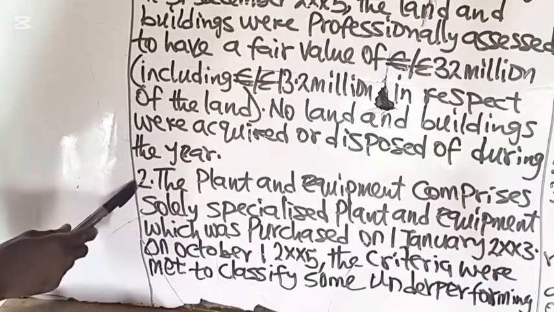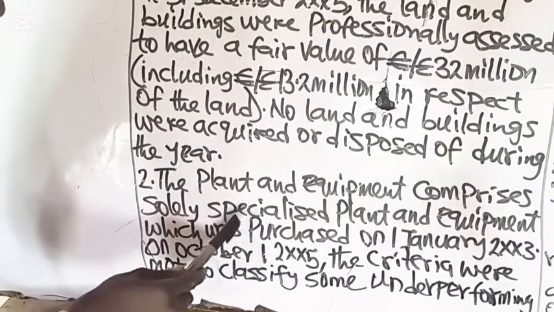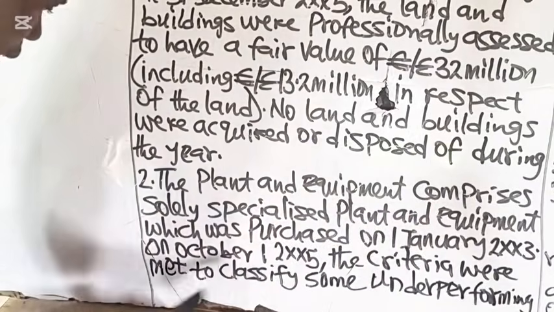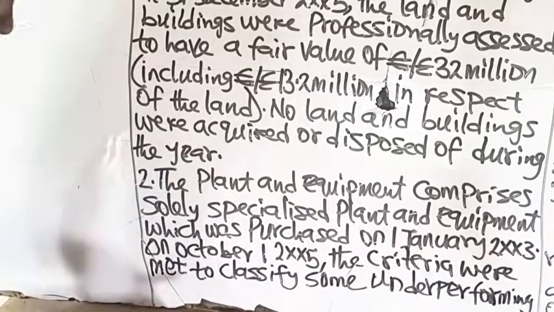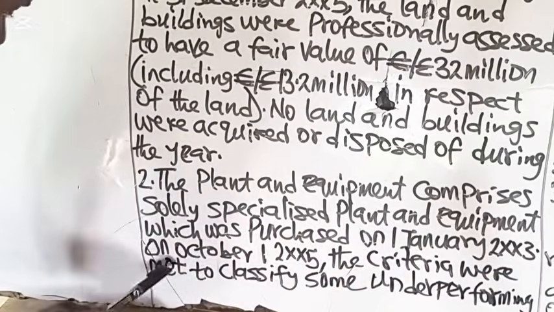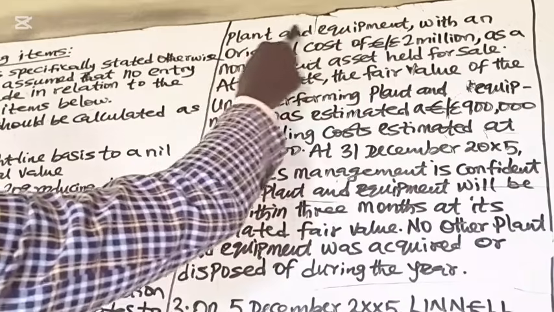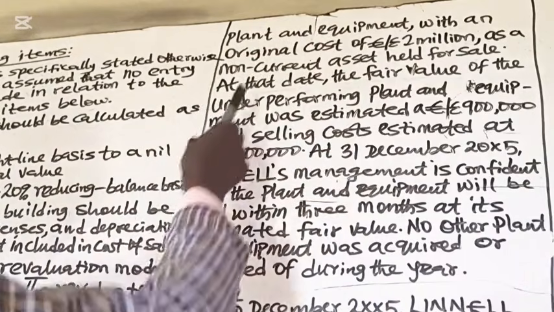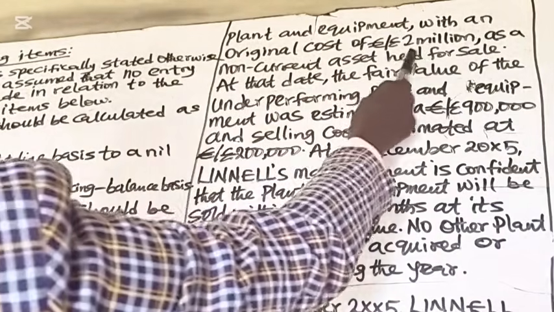Note 2. The plant and equipment comprises solely specialized plant and equipment, which was purchased on 1st of January 2003. On October 1st, 2005, the criteria were met to classify some underperforming plant and equipment with an original cost of 2 million euro as a non-current asset held for sale.